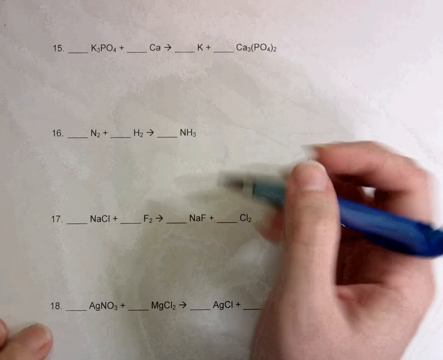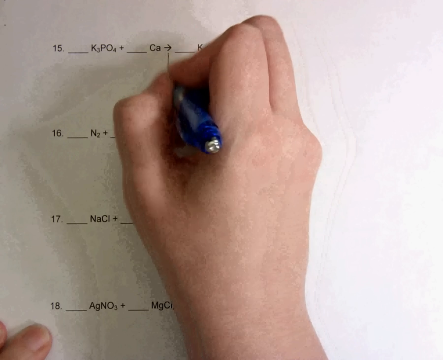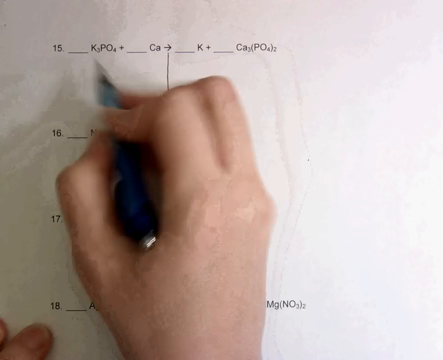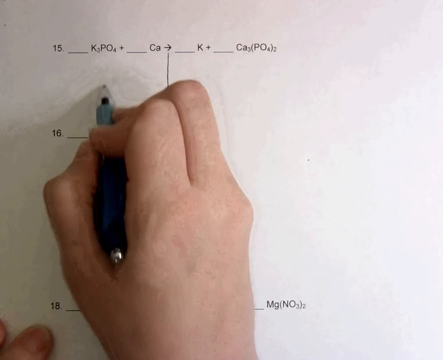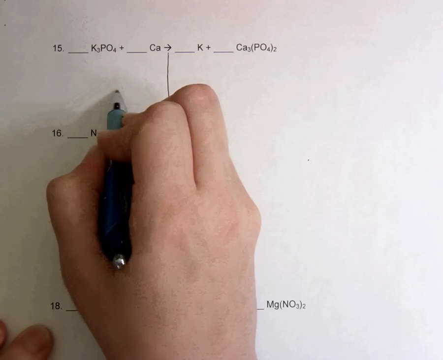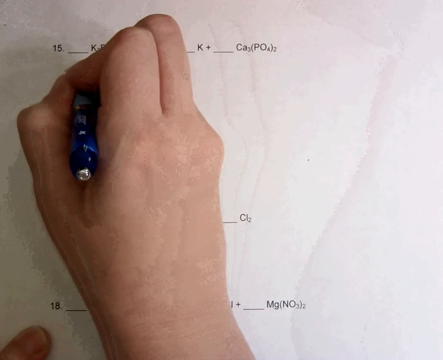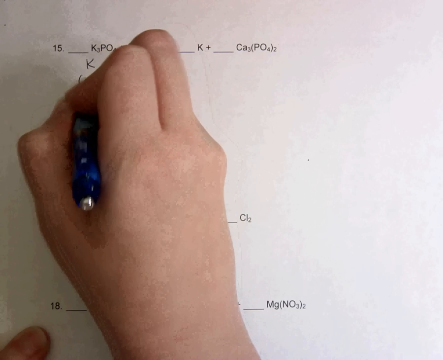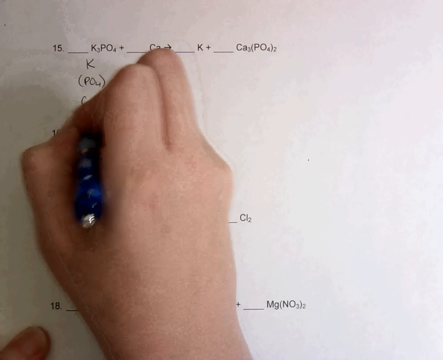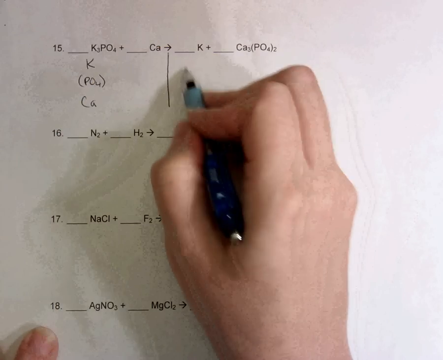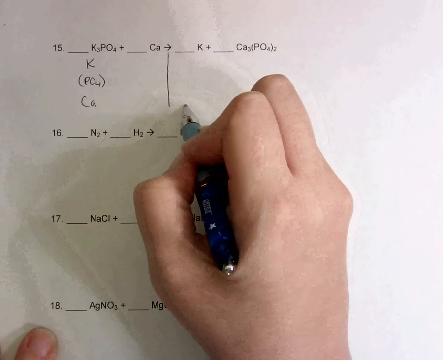So if you are balancing the equation where you write them all out, you can write K and then PO4 and Ca, and do the same thing on the other side, K, PO4, and Ca.